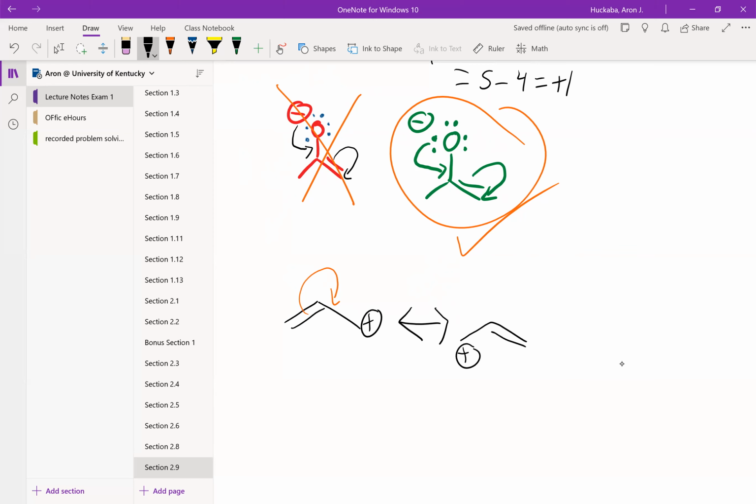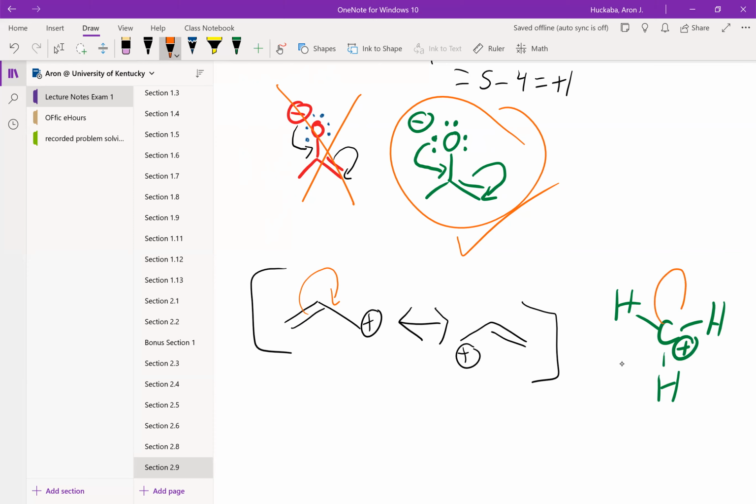And we can do that because if you remember, when we looked at carbocations, we said that the positive charge is actually in a p orbital, remember? And we said that that is the better indication of where the positive charge actually is.